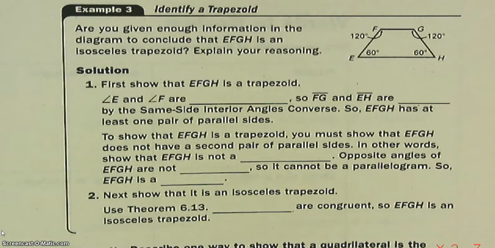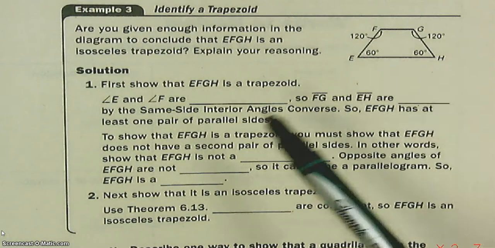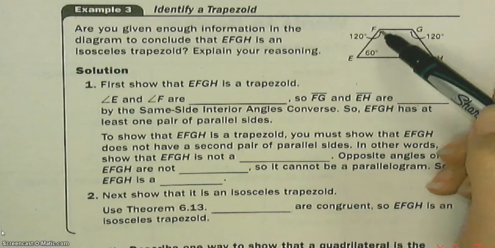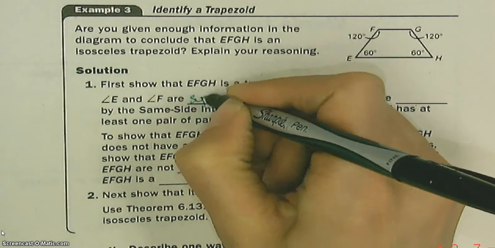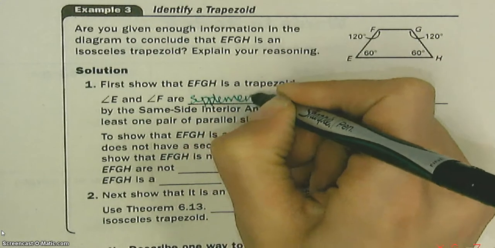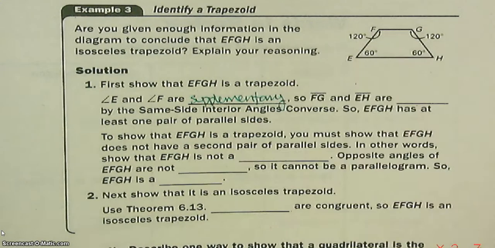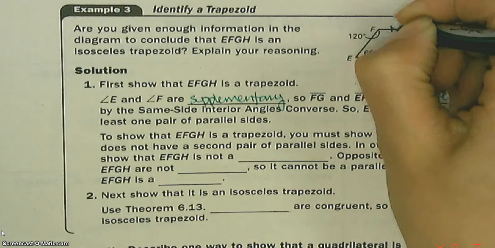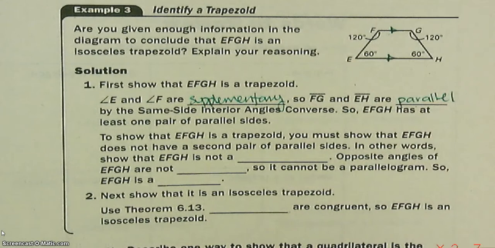Are you given enough information to conclude this is an isosceles trapezoid? Well, first we need to show that it is a trapezoid. So we need to show that 2 sides are parallel. And if you look, E and F are making 180. They are supplementary. So that means they are parallel. So we've got one set of parallel sides now.